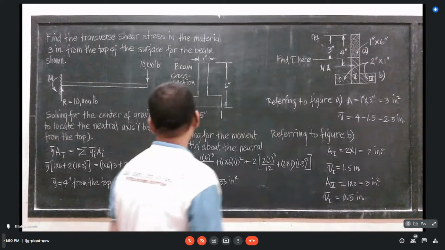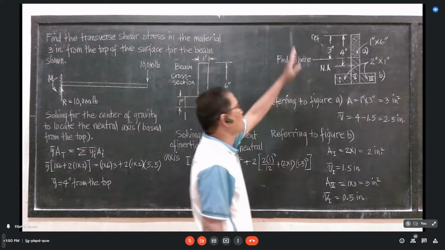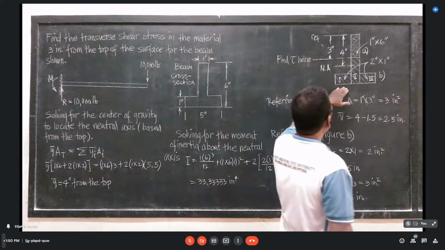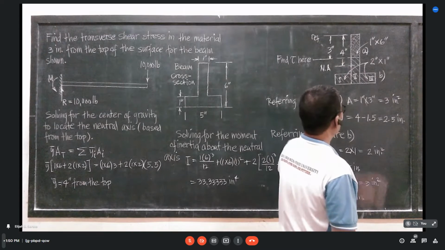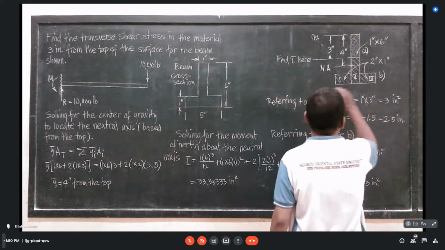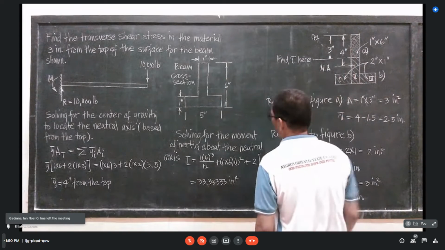So now we have located the neutral axis, which is 4 inches from the top, or if your reference is at the bottom, you should get 2 inches. It depends. If your reference is at the bottom, then you should get 2 inches. If at the top, then 4 inches.